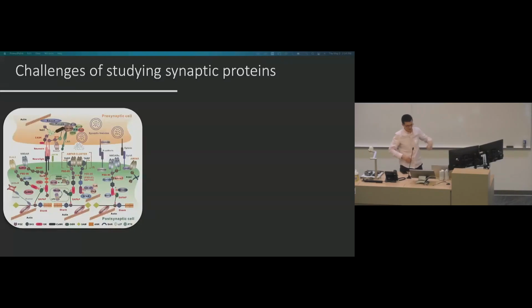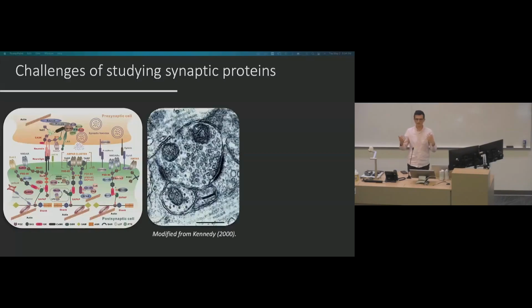And all of this is within 100 nanometers between the presynaptic compartment and the postsynaptic compartment, which makes it very difficult to access each and every one of these proteins, especially in thick tissue. The gold standard has long been electron microscopy, where you can see the postsynaptic density, very dark.